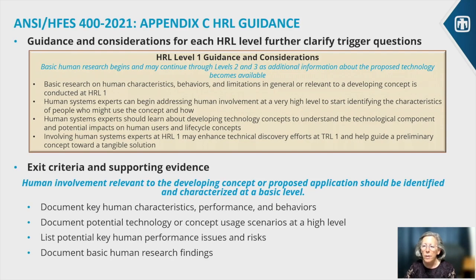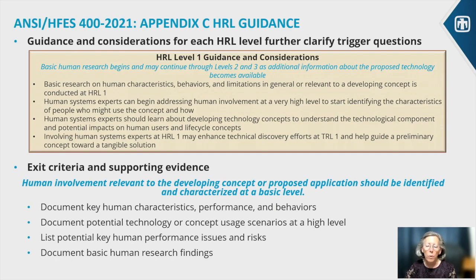Now, the exit criteria and supporting evidence, again, those are things to say before you can say that this particular level has been satisfactorily addressed and you're ready to move on. You need to verify that these criteria have been met, or that they're applicable and have been met, and that you have the supporting evidence.